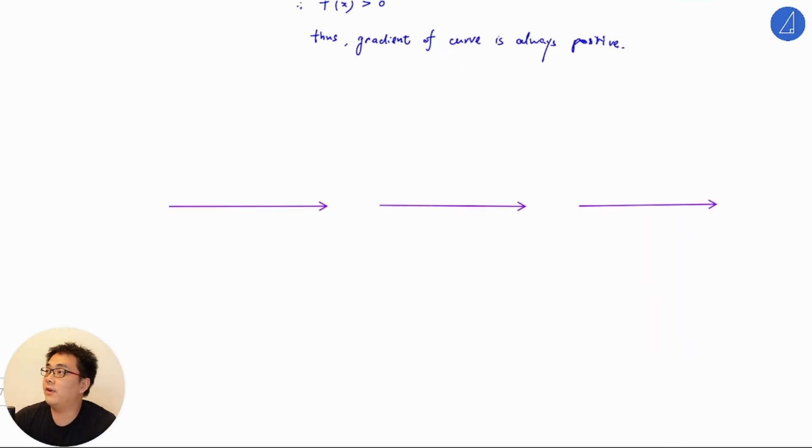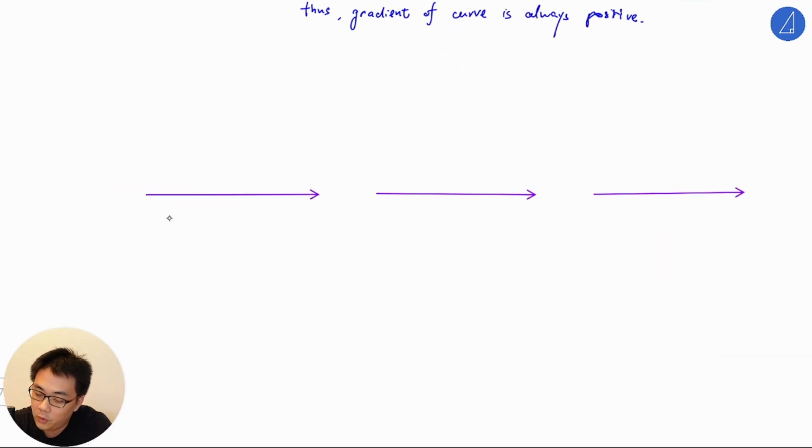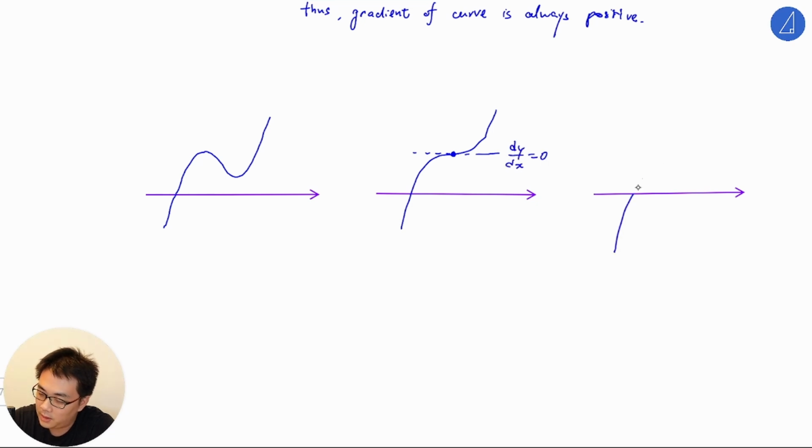This is the increasing function. So if your cubic, one is like that, right? This is one shape, right? The other one is like that. If the coefficient of x cubed is positive, then it'll be like that. This is where gradient is 0. Then the other one is like that. So this is where dy/dx goes 0.